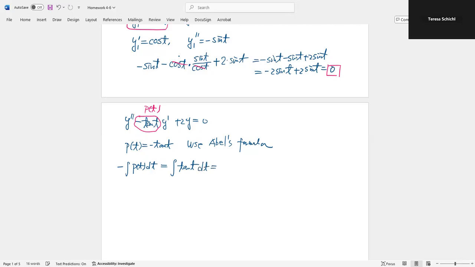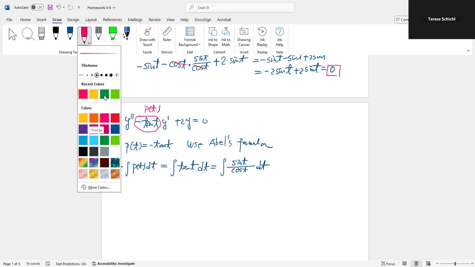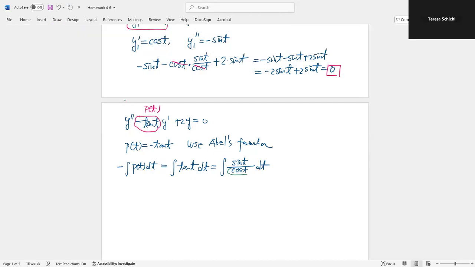And I know tangent t is equal to sine t over cosine t. So then I can do a u substitution, right? So I will say u equal to cosine t.